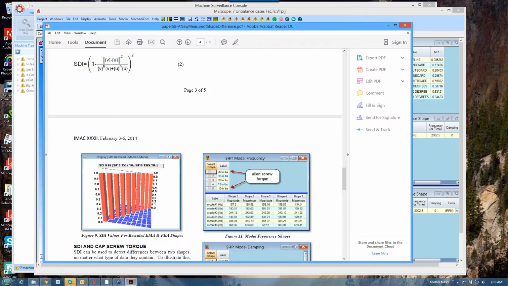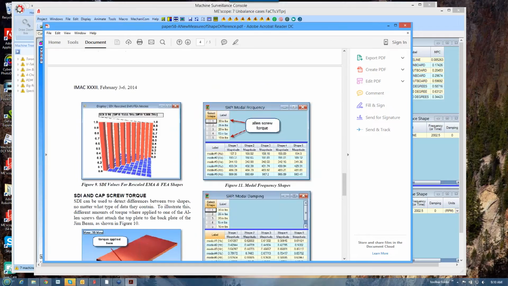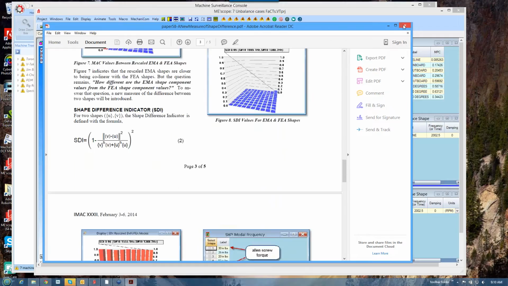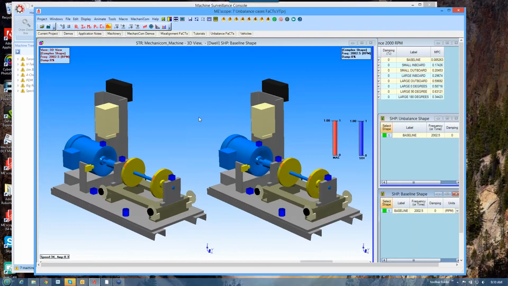The SDI tells us whether the magnitudes are the same and the phases. So you can see in this little example, because all the values are very close to 1, it's saying that the FEA and the EMA shapes are identical in magnitude. So that's why we use both of them.